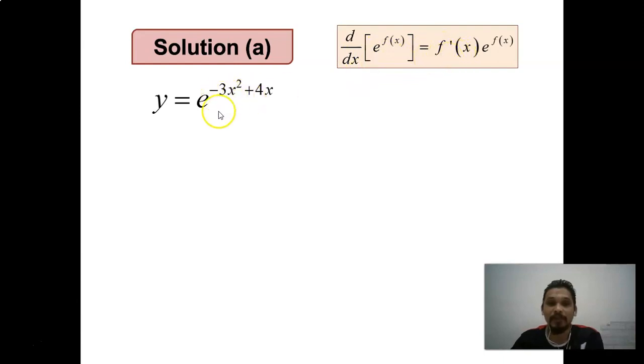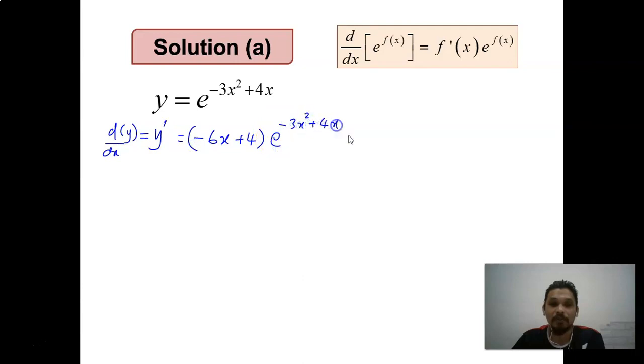So y prime or dy/dx equals, differentiate this first, 2 times negative 3 equals negative 6x, 2 minus 1 equals 1, plus 4, then e to the power of negative 3x squared plus 4x.